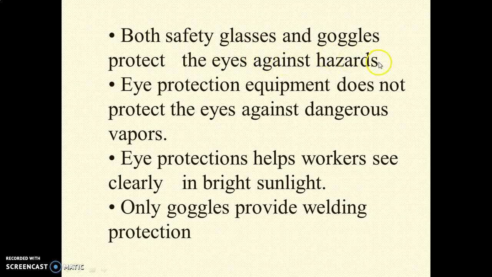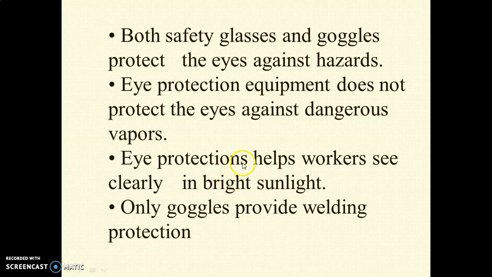Is it true or false? Number 2, eye protection equipment does not protect the eyes against dangerous vapors. Is this true or false?